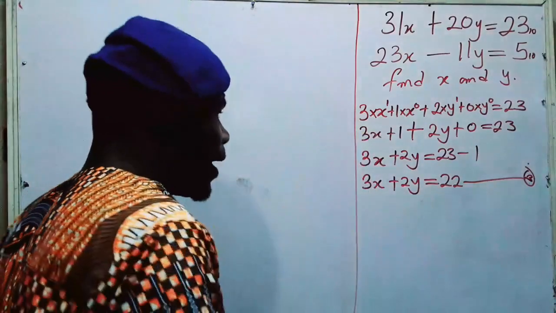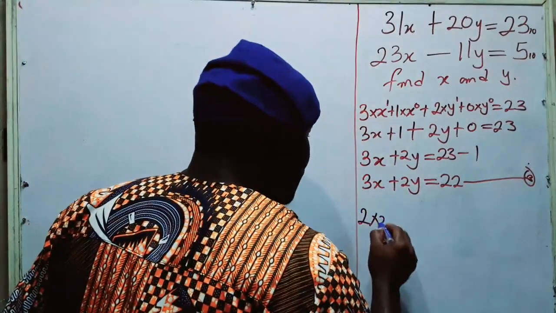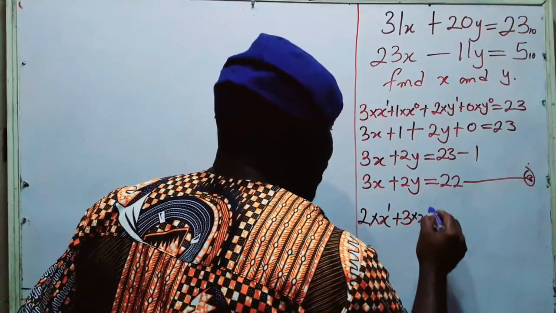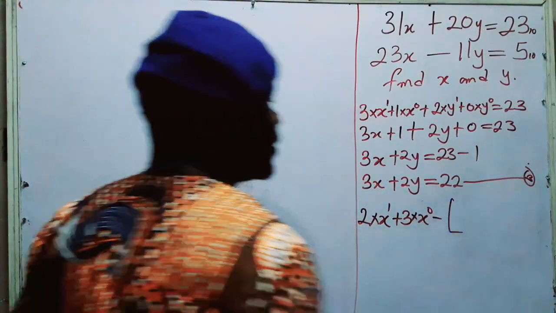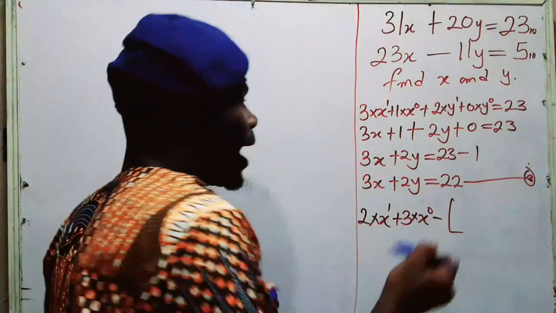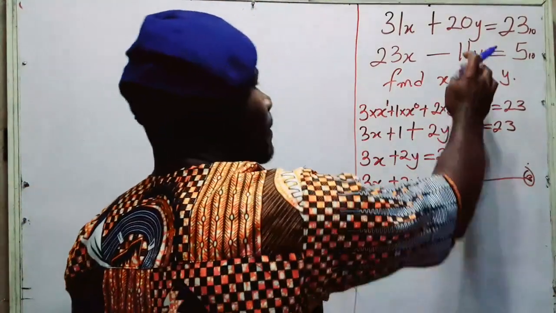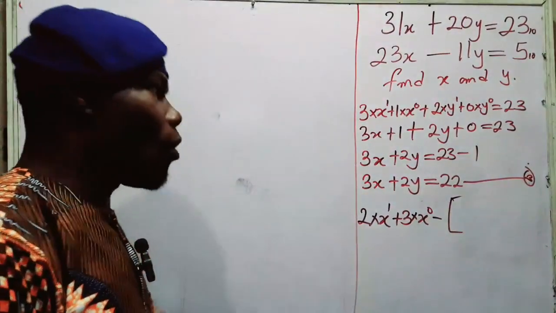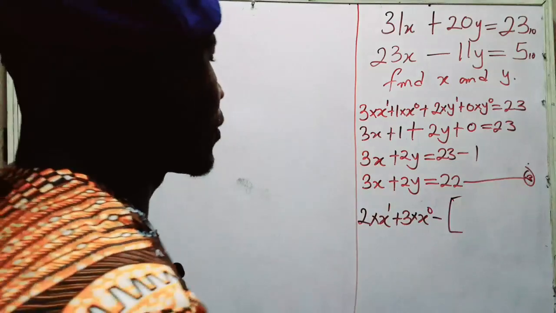We have 2 times x raised to power 1 plus 3 times x raised to power 0 minus, please, that is where we are able to avoid a common error in solving an equation like this. What is a common error is that many people will find it difficult not to put an open bracket here. Surely there's going to be a little mistake that might occur, and that is why we are solving a question of this form.